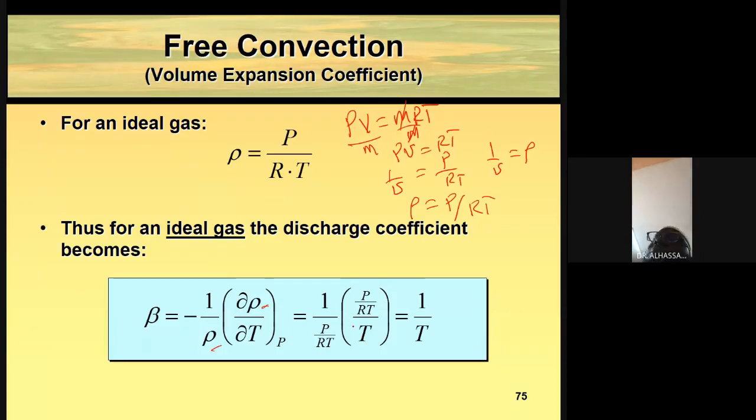Eventually, we eliminate the derivative function, and we discover that these parameters are the same as this parameter. So eventually you have 1 over T. The volume expansivity coefficient, beta, is always 1 over T. This temperature is always measured in Kelvin, not in degrees Celsius. You should be careful.